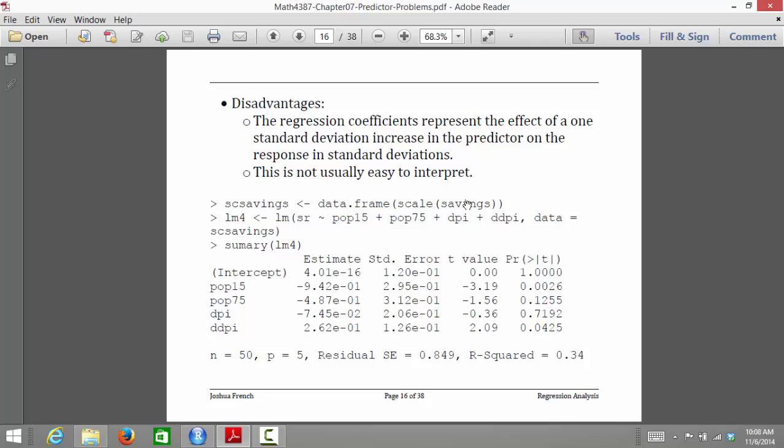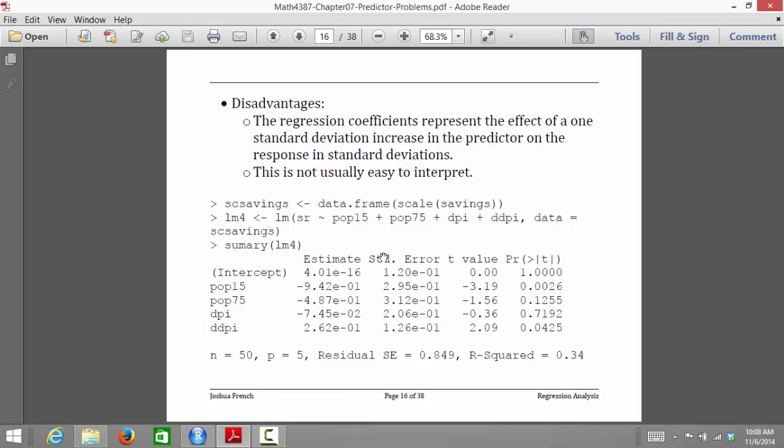So what I've done in this example right here is I've scaled all the variables in my savings data frame, and I've stored it into ST savings. The variable names are all the same, but they've all been scaled so that I've subtracted off the mean and divided by the standard deviation. And if we look at a fit of this model, you can see that the intercept is now 0, or at least 4 times 10 to the negative 16th power, which is 0 for all practical purposes.